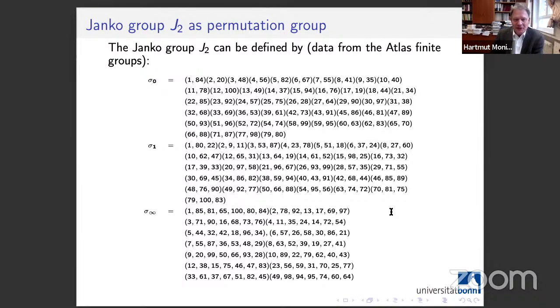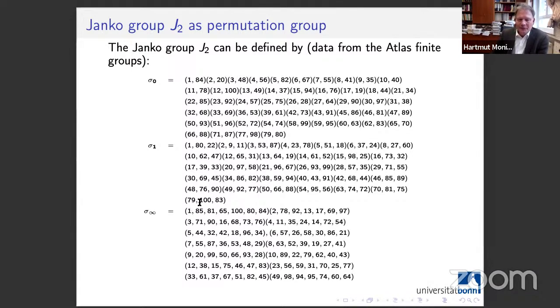So let me talk about Janko2. Janko2 is a group which, as I said, can be defined by a tuple of two permutations of 100 objects, and it has some geometric meaning in the Leech lattice.